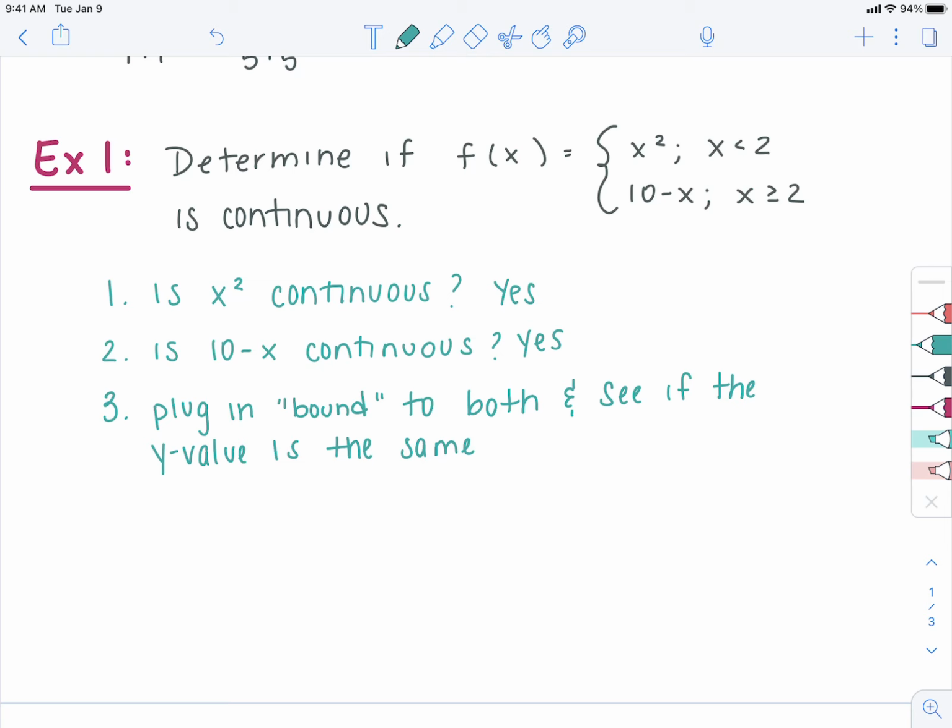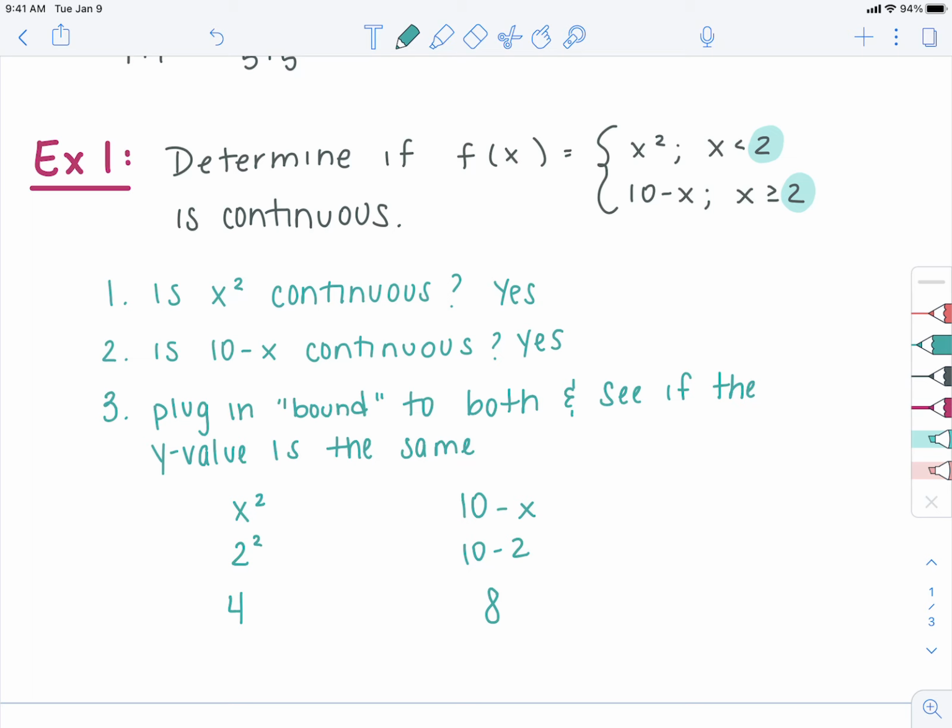So I'm going to take x squared, and I'm going to take 10 minus x, and I'm going to plug this 2 into both of them. So I end up with 2 squared and 10 minus 2, which gives me 4 and 8.